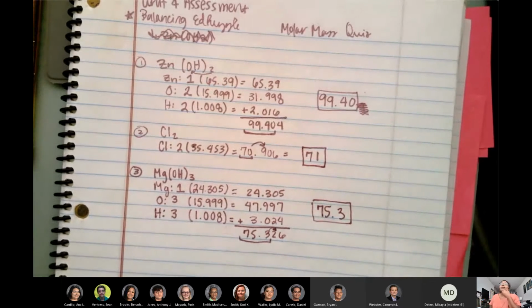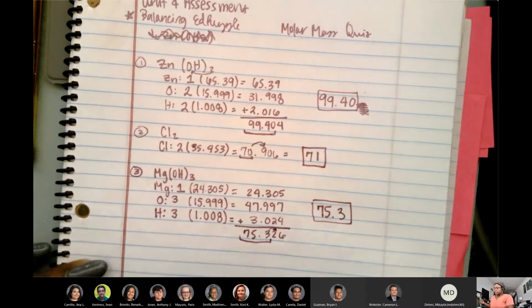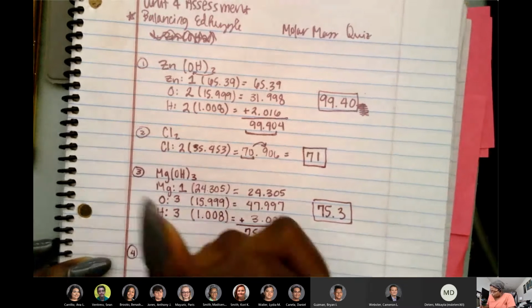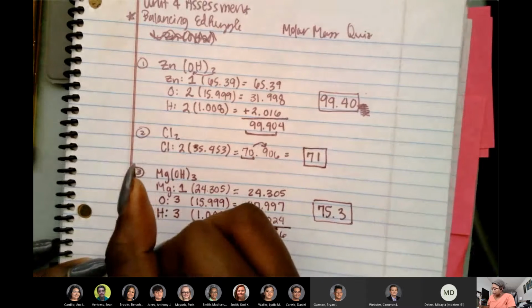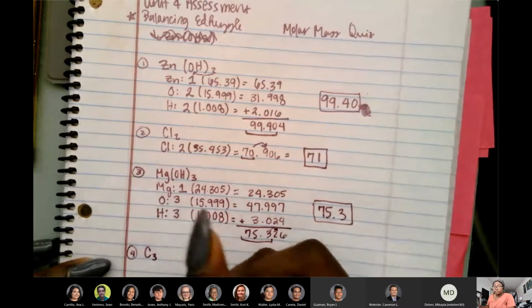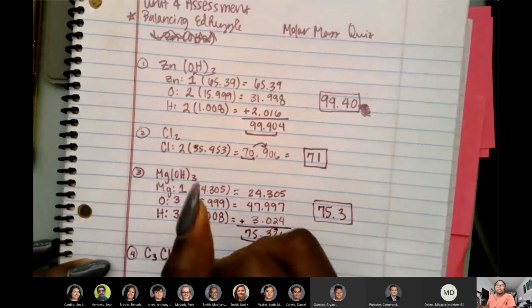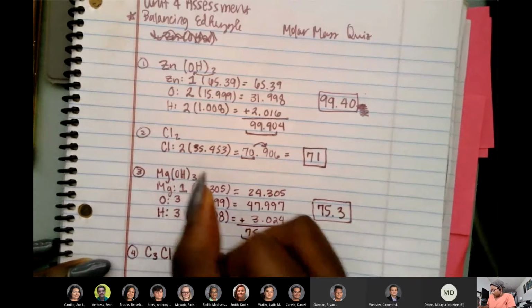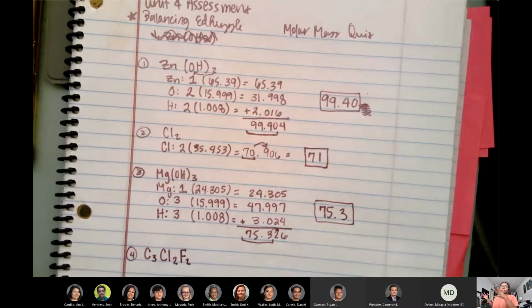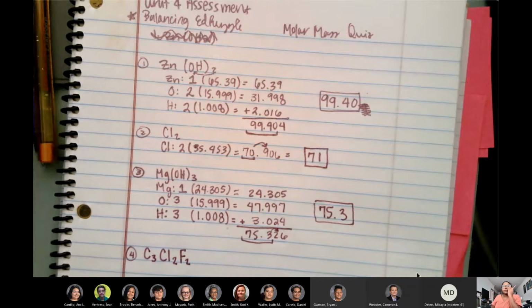Okay. Let us do number 4. C3, Cl2, F2. First thing I'm going to do is write down the elements.